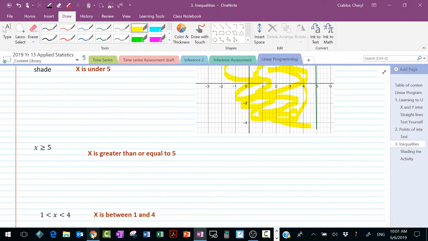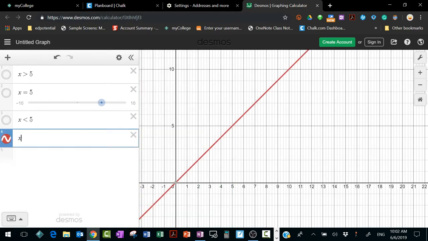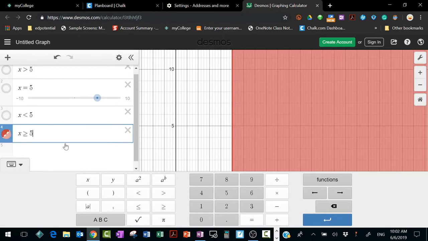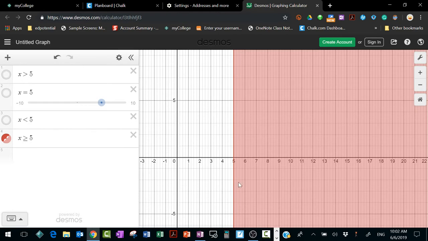Now, we could go to Desmos and do the next one. We read this as x is greater than or equal to 5. So 5 is included as part of the solution. If I click all these off and go x is greater than or equal to 5, the only difference with this graph is that we've got a solid line, because 5 is part of the solution.